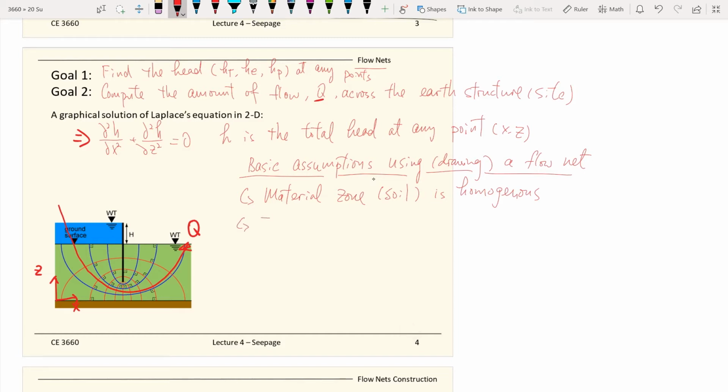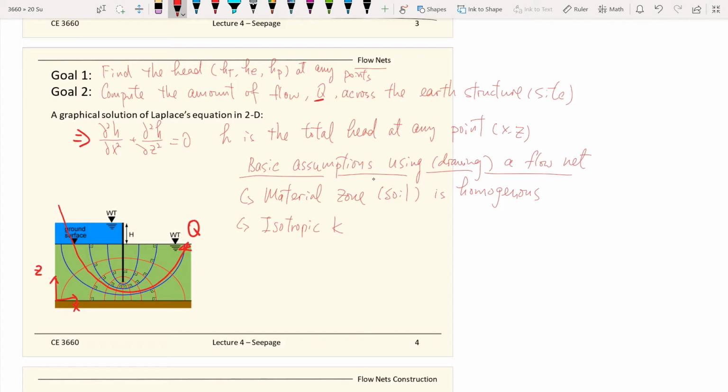Second, we assume isotropic hydraulic conductivity. We know that the hydraulic conductivities for water flow in the horizontal versus vertical directions are supposed to be different, because the soil is structured in horizontal layers, since soil is formed by lateral sedimentation, which means depositions.